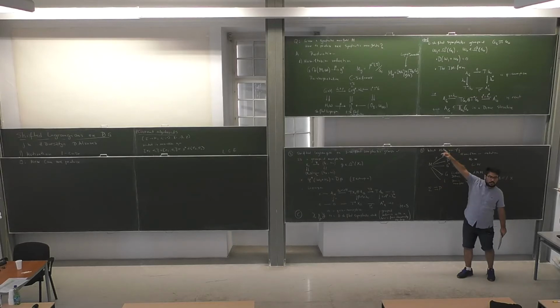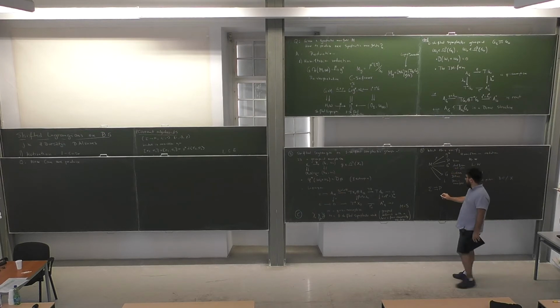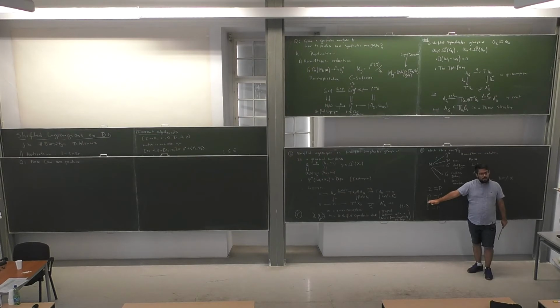In the case of the dual of the Poisson, you also use the double: if you have a Poisson, there is a double symplectic groupoid. So you use this part of the double symplectic as the one-shifted Lagrangian.